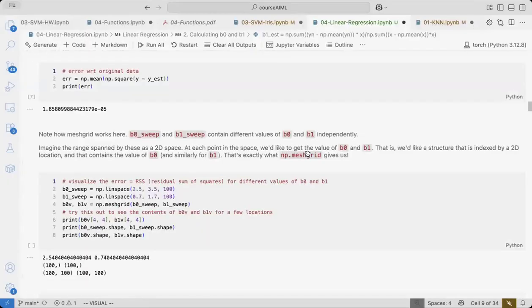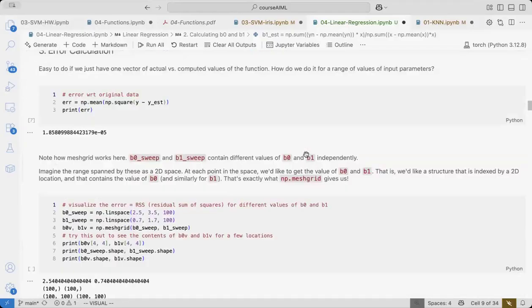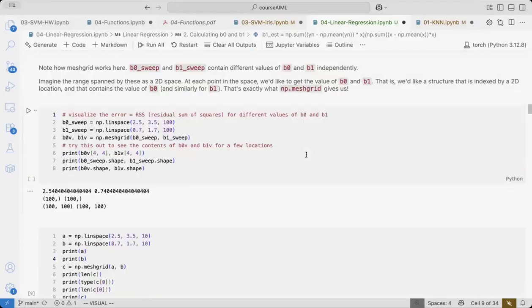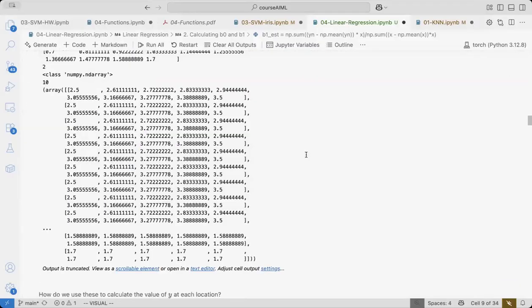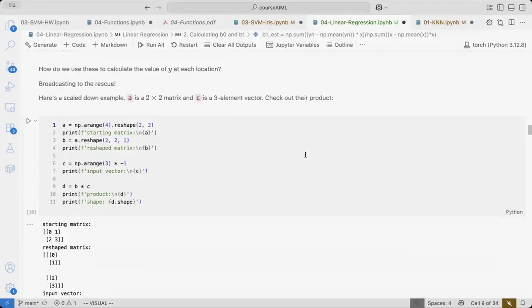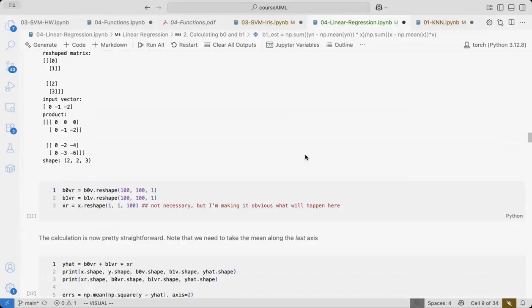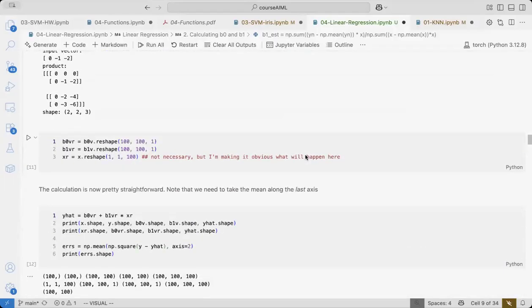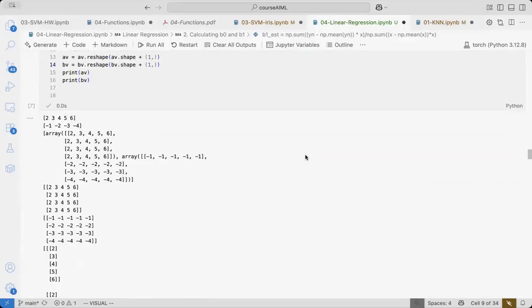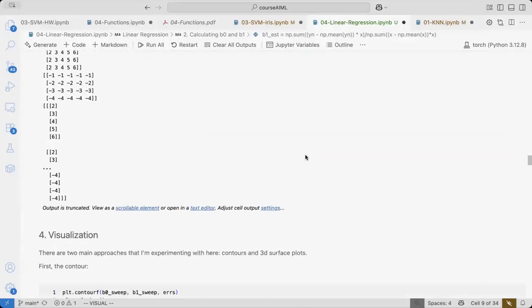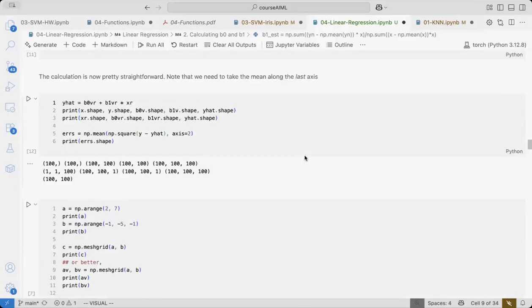Okay, so I'll show you what I've done out here. So I've done this multiple times to help you understand what is going on. So just go through this to understand what is happening.